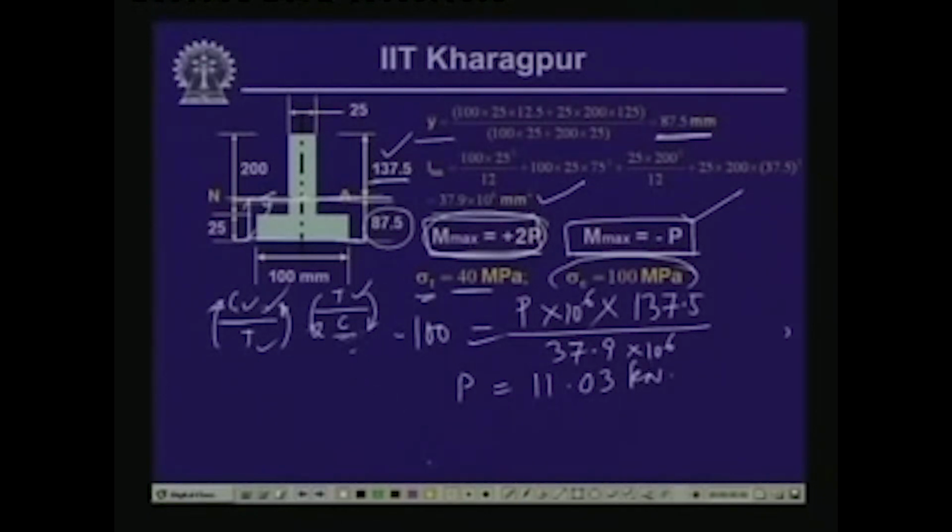Now if we compute the stress at the bottom, which is a compressive stress equal to 100 MPa, well, the earlier one was tensile stress, which was equal to 40 MPa.